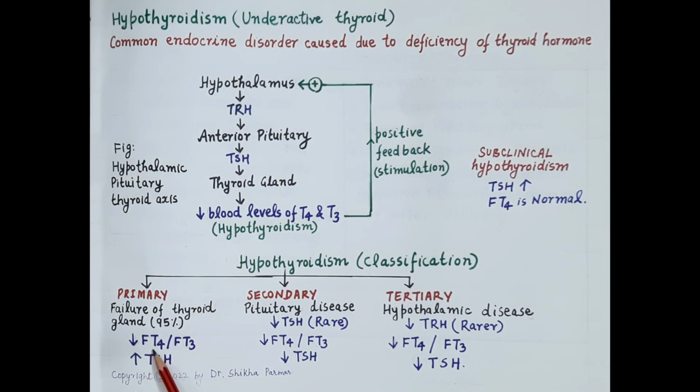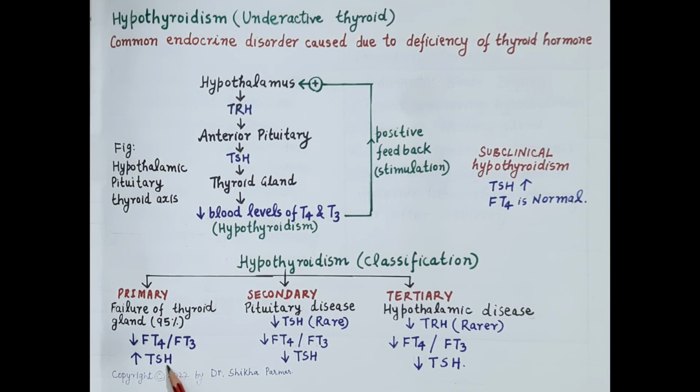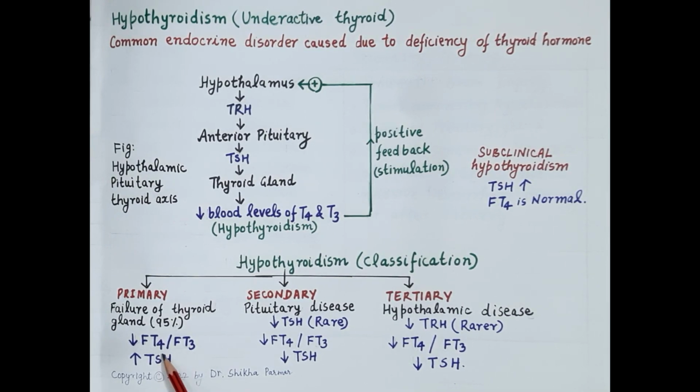Now this reduced T4 and T3 in the blood causes constant stimulation of anterior pituitary, and that increases TSH. But this increased TSH is also unable to prevent deficiency of T3 and T4.